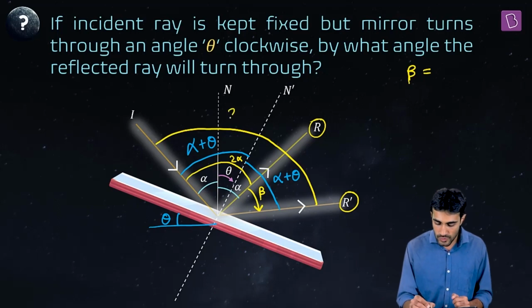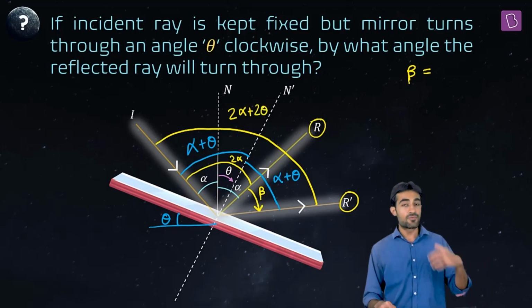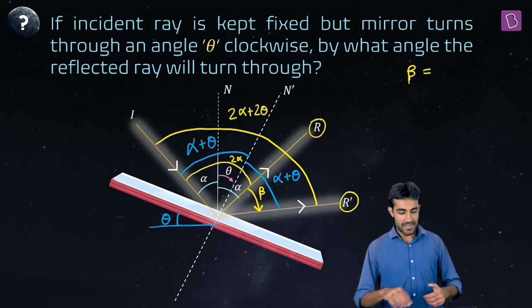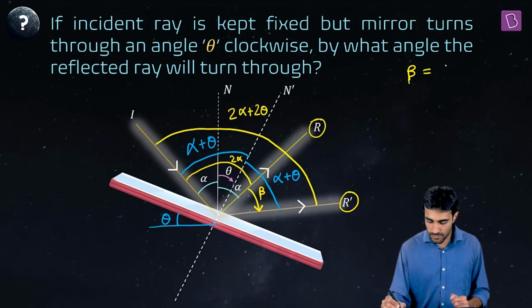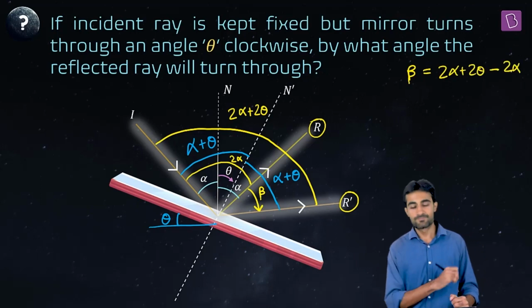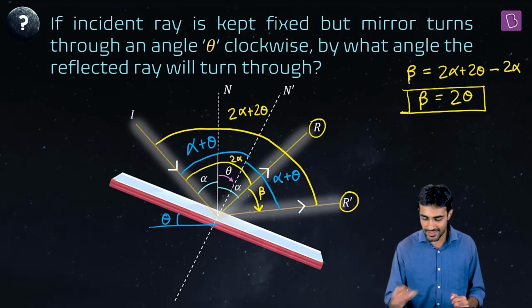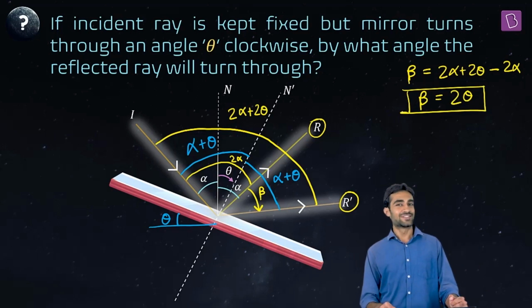This angle is 2 alpha plus 2 theta, because we have added alpha plus theta and alpha plus theta to get this angle. Now we want beta. So beta is 2 alpha plus 2 theta minus 2 alpha. And beta is coming out to be 2 theta. Got it? Yes, we got it.